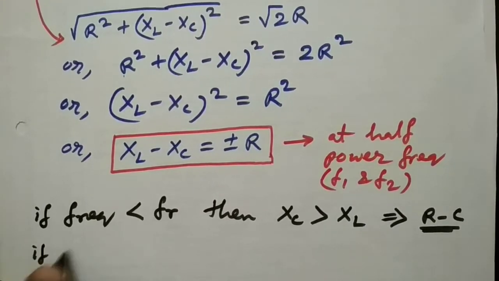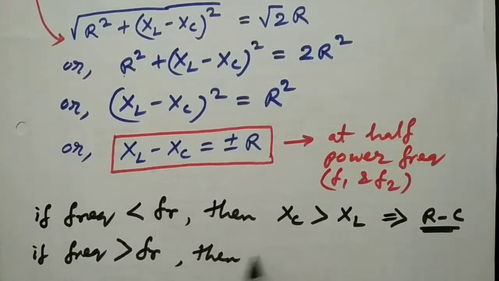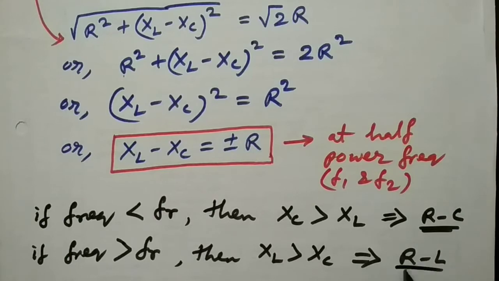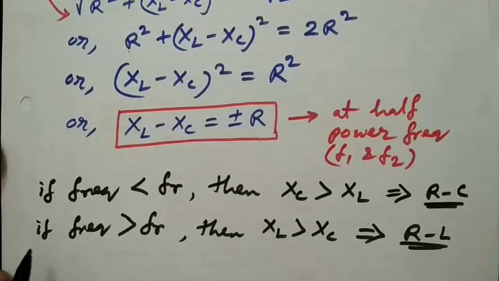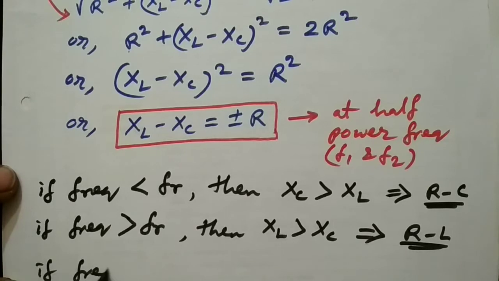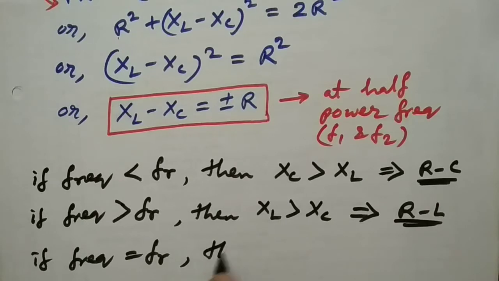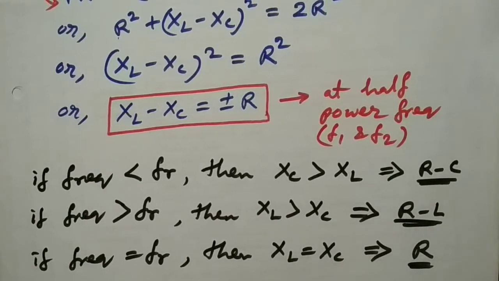And if the frequency is greater than FR, here the frequency means the supply frequency, then XL is greater than XC, and the nature of the circuit will be resistive inductive. And when the frequency is equal to FR, XL is equal to XC, so the circuit becomes purely resistive, and this is called resonance.